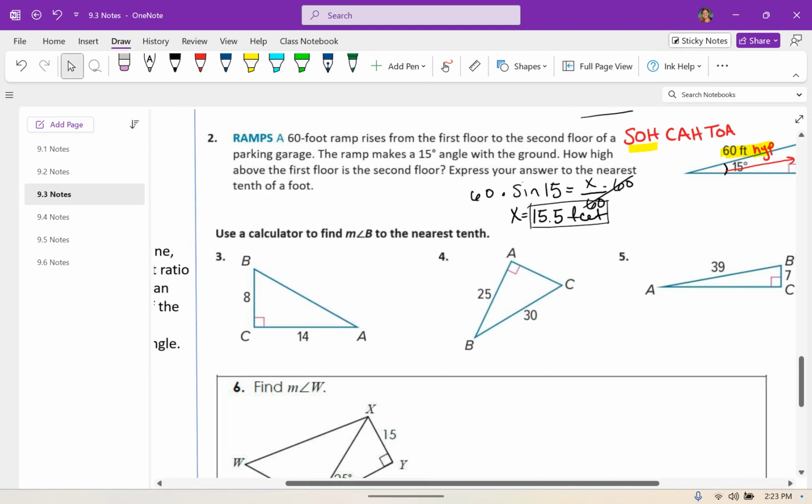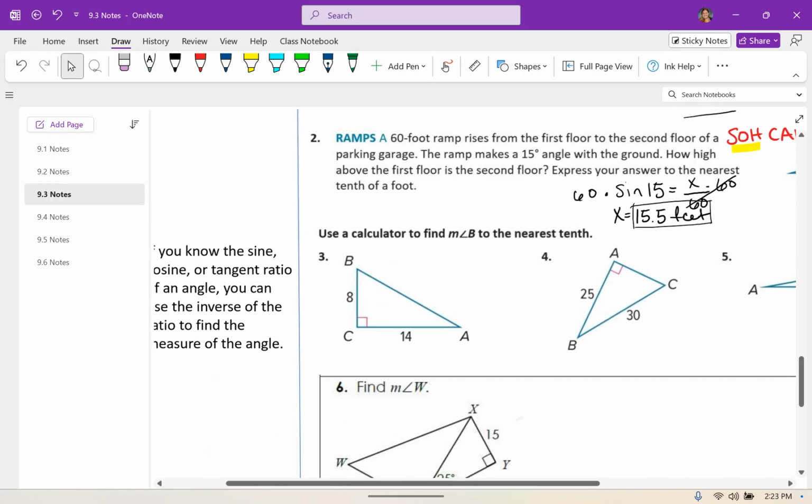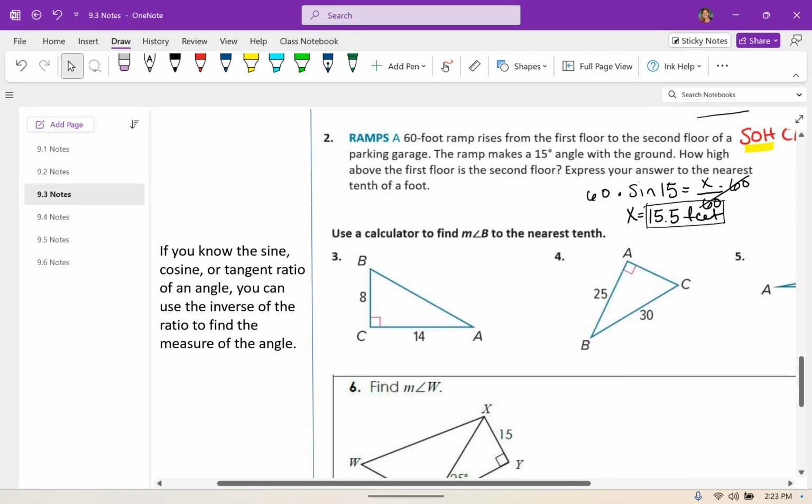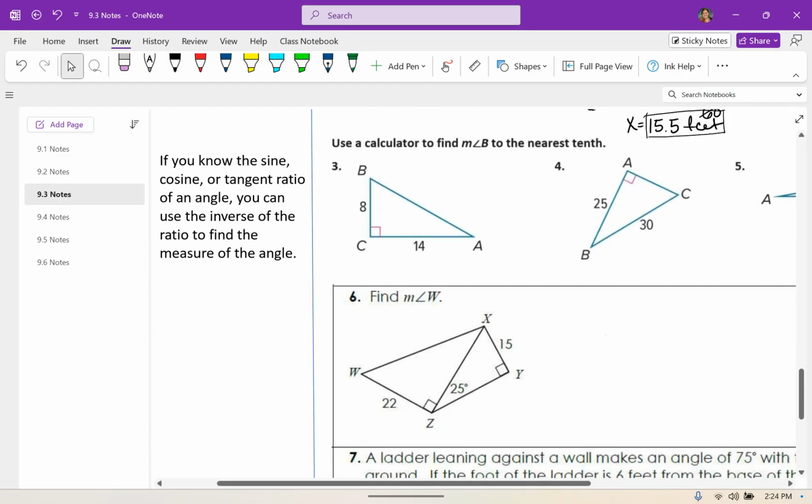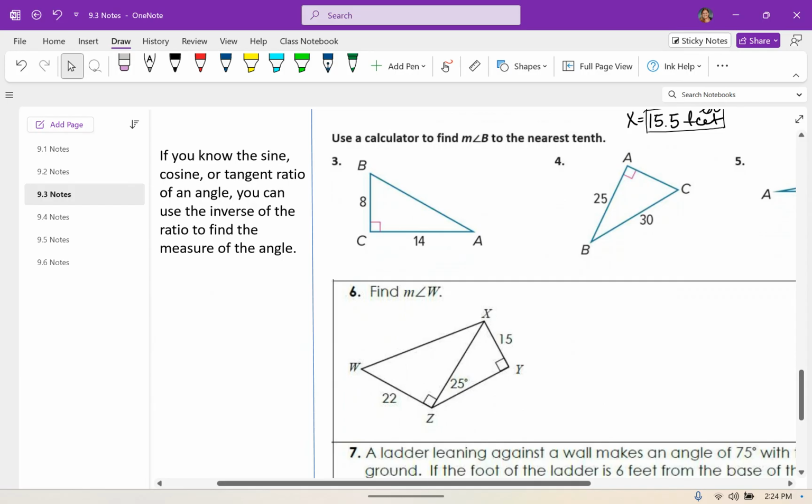Okay, so what if we are given two side lengths but no angle? If you know the sine, cosine, or tangent ratio of an angle, you can use the inverse of the ratio to find the measure of the angle. It says use a calculator to find the measure of angle B. So I'm starting at B. This is my x.